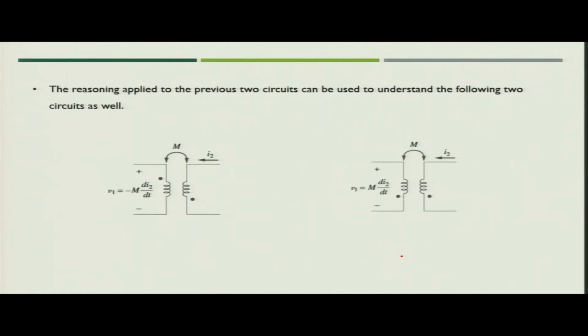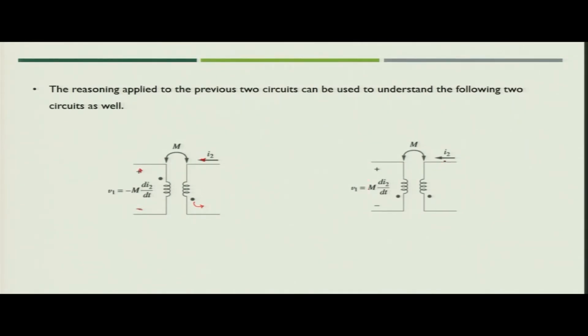Now, similarly, in this case, the current I2 is flowing in the second coil, which means that I2 is leaving the dot. So, if it is leaving the dot, the mutual induced voltage will be negative at the undotted terminal and positive at the dotted terminal.